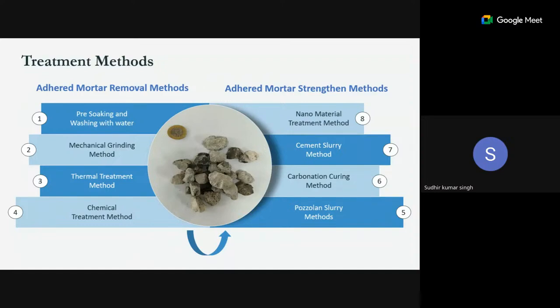If I use that particular material as it is, the replacement percentage will be lesser. But if I give some processing energy to the material, it will increase the CO2 emission associated with the material. But can it be offset by increasing the replacement percentage? If I am not treating that RCA, or recycled concrete aggregate, my replacement percentage will probably be 10-15%, which is suggested by the Indian code.